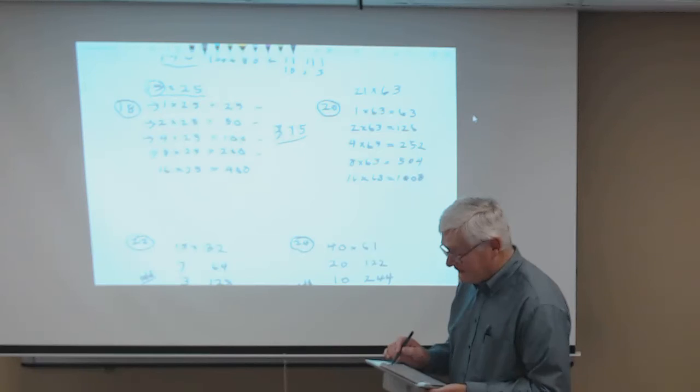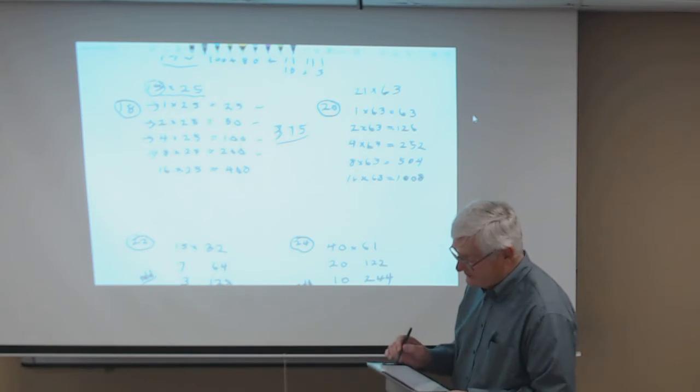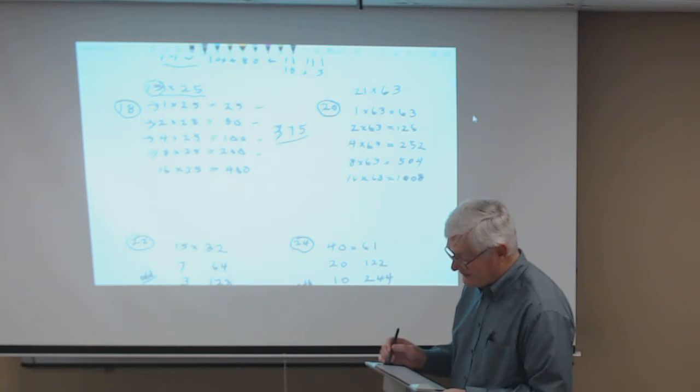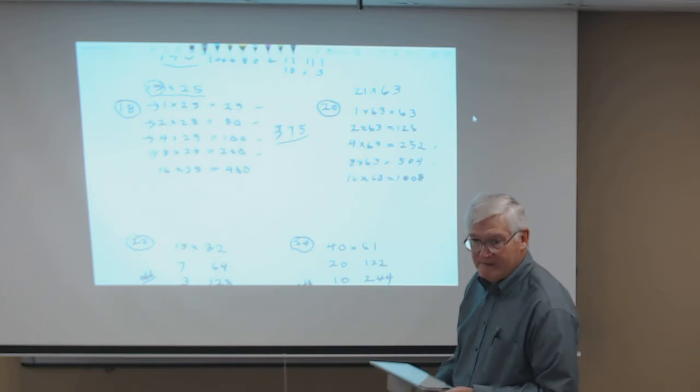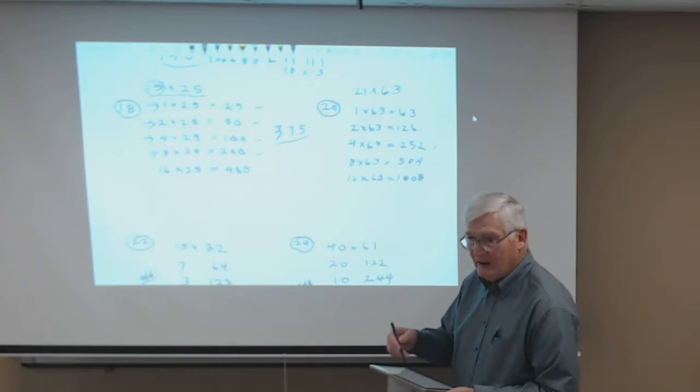So I go 1 times 63, 63, 2 times 63, double that, 126. 4 times 63, double that, 252. 8 times 63, double this, 504. 16 times 63, double this, 1008. So you see where I make my chart?